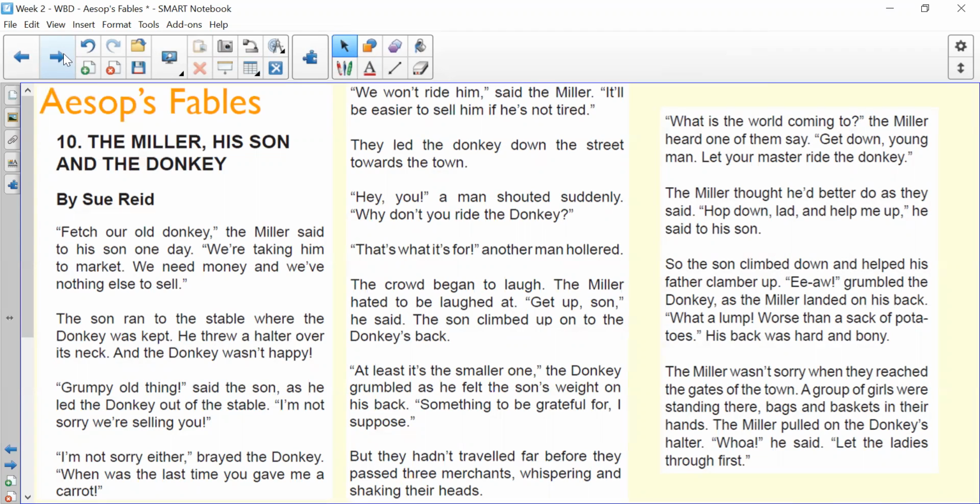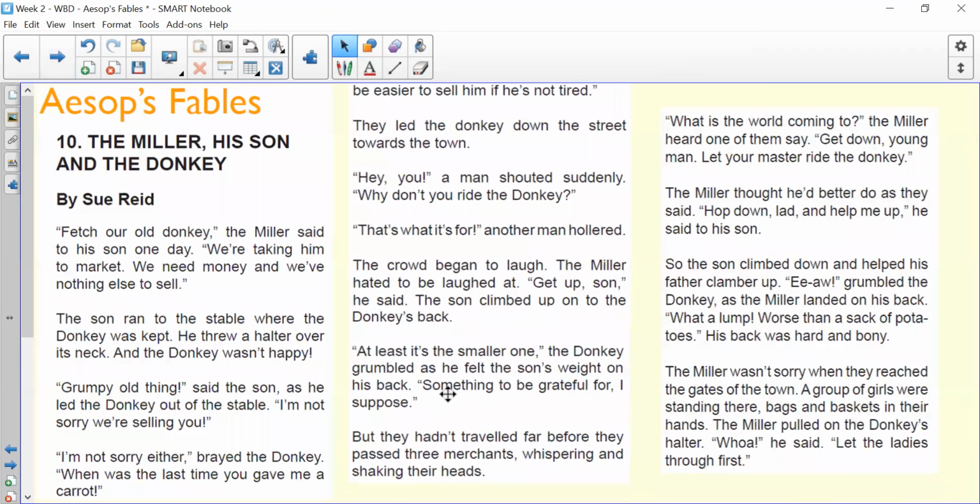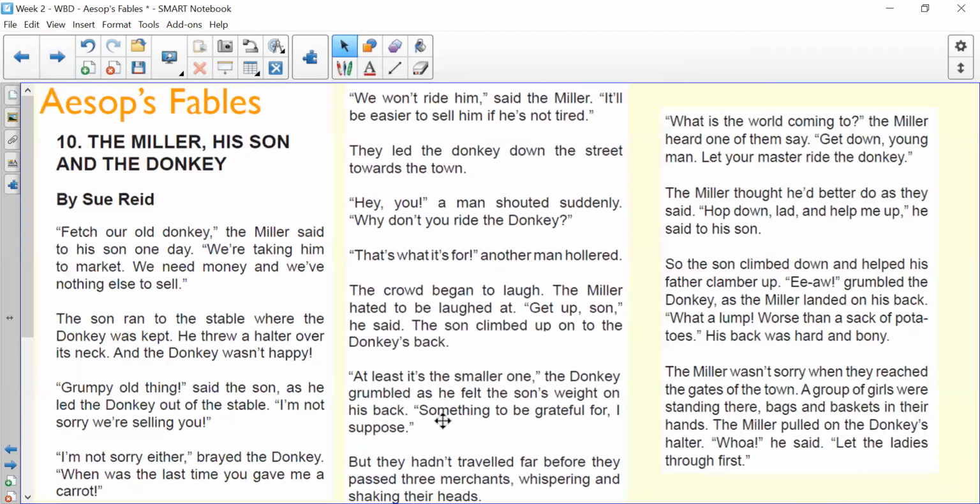But they hadn't travelled far before they passed 3 merchants, whispering and shaking their heads. "What is the world coming to?" The miller heard one of them say. "Get down, young man, let your master ride the donkey." The miller thought he had better do as they had said. "Hop down, lad, and help me up," he said to his son. So the son climbed down and helped his father clamber up.